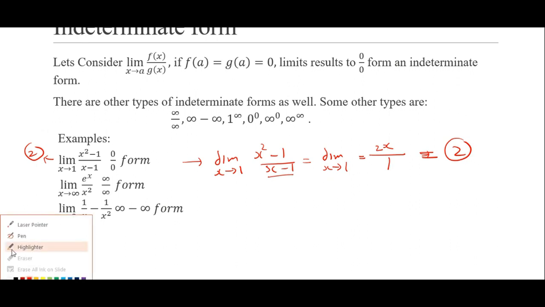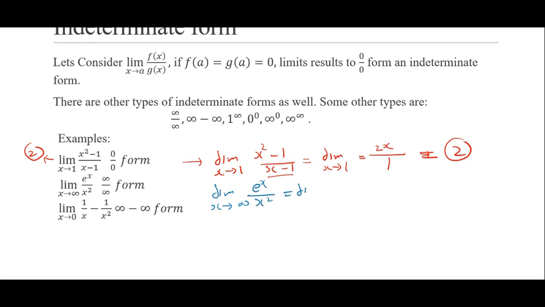In the second example, it is infinity by infinity form, and L'Hospital's rule is also applicable to the infinity by infinity form. So this is the limit as x approaches infinity of e^x / x². Now take the derivative of both: it is e^x over 2x, since the derivative of x² is 2x.